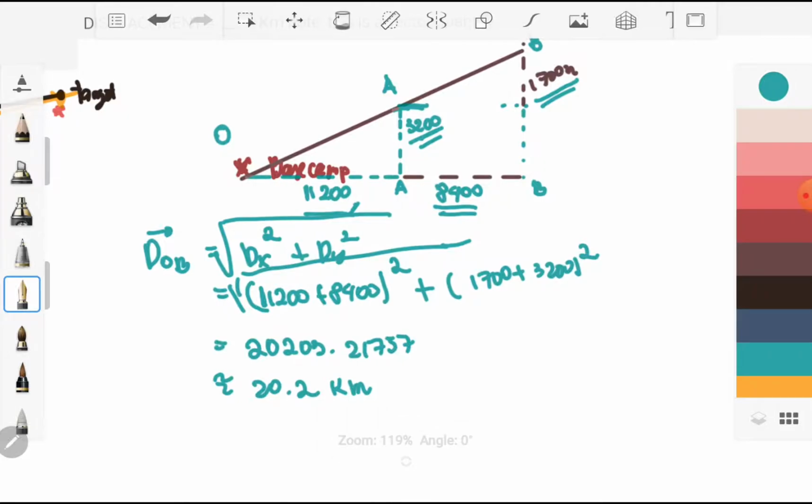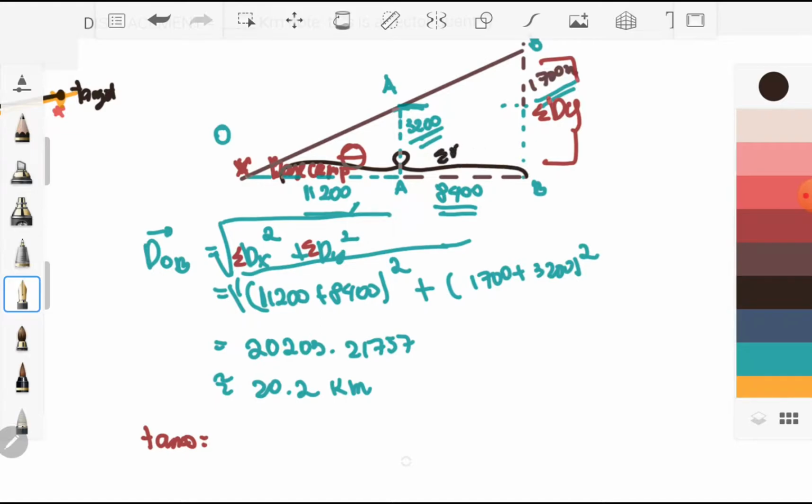So, solving for the angle, this is your theta. Okay? So how do we solve for your theta? Tan theta is equal to the summation of y divided by the summation of your x. Right?